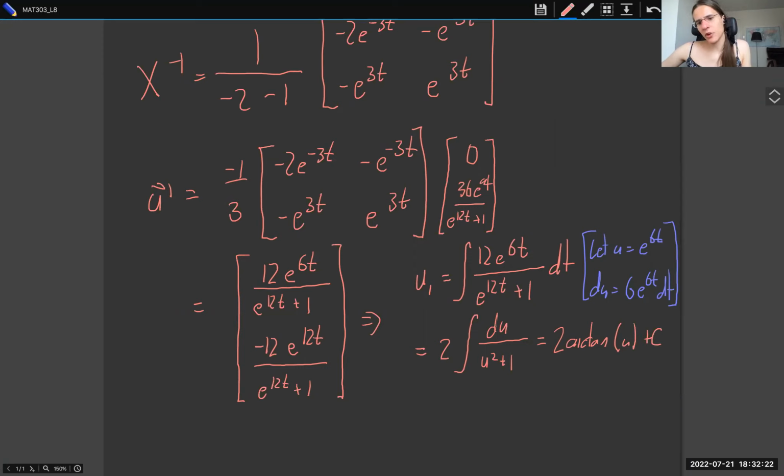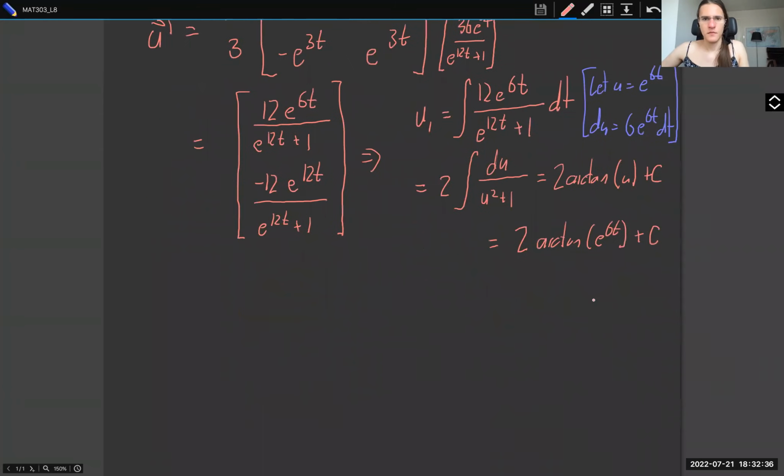And then let's introduce the constants. And so substituting back, that gives us 2 arctan e to the 6t plus c, right? Now u2 is equal to negative integral 12 e to the 12t over e to the 12t plus 1 dt.